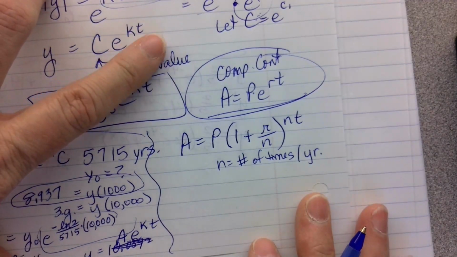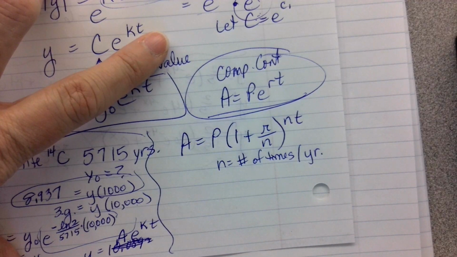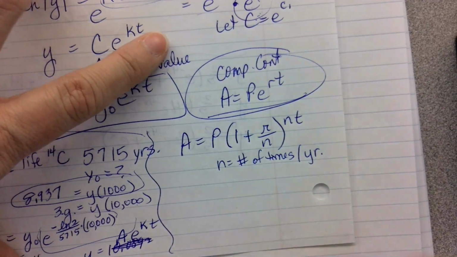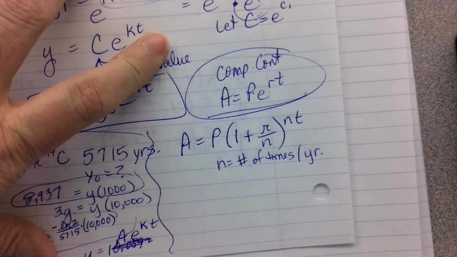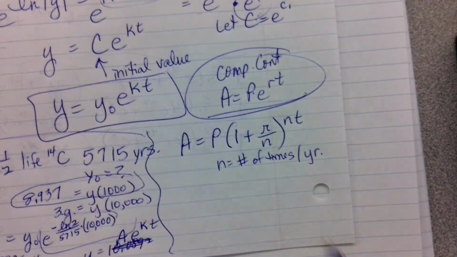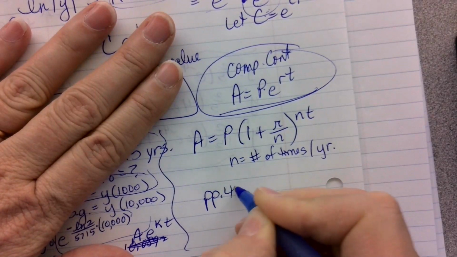What about monthly? 12 times per year. Bi-monthly would be 24. How about daily? 365, or 366? 365.25. Well, what if it's 1.20?